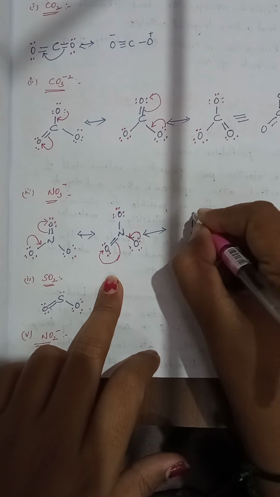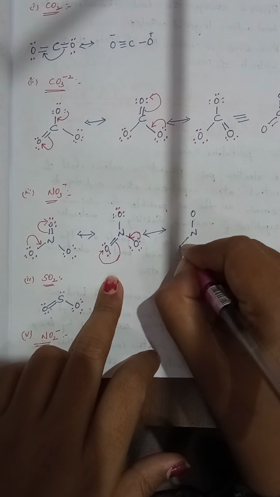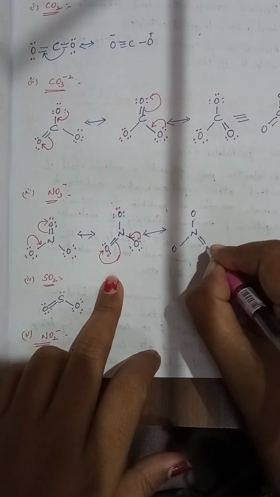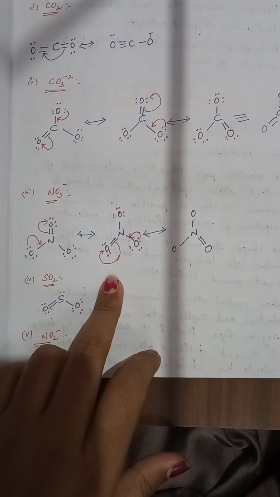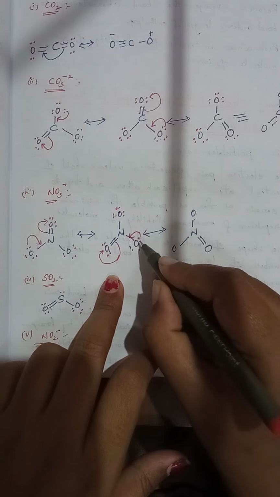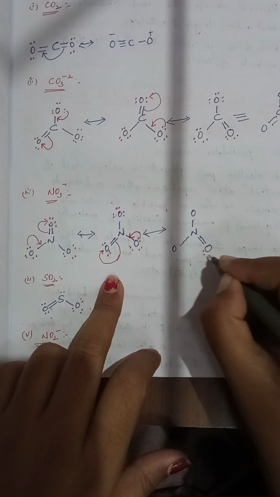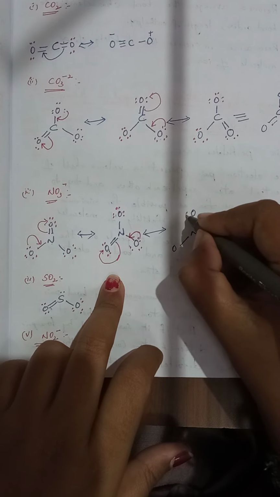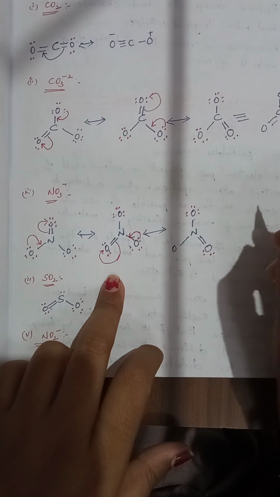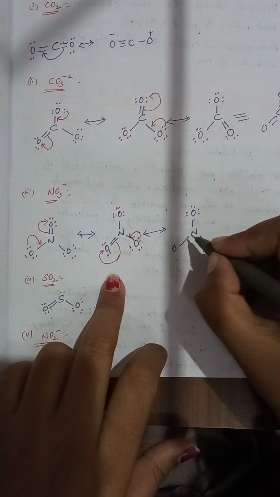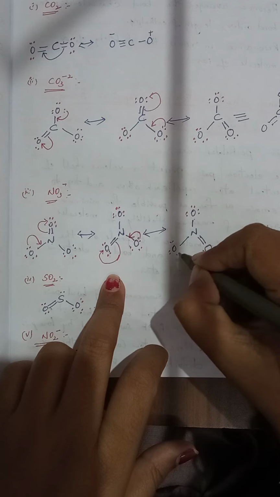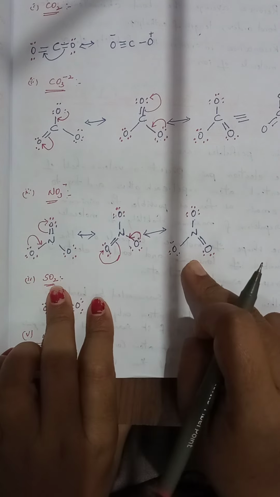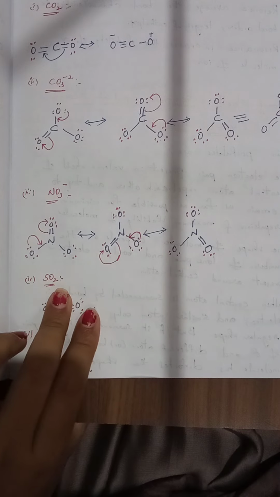Nitrogen, here a single bond as it is existing with the oxygen, but between oxygen and nitrogen we can see the presence of a double bond. This double bond is made by using this lone pair of electrons. So the oxygen contains only 2 lone pairs, and here there is no change in the bond formation. It also contains 3 lone pairs as it is. Even here 3 lone pairs of electrons are present as it is. These are said to be the resonating structures of the nitrate ion.